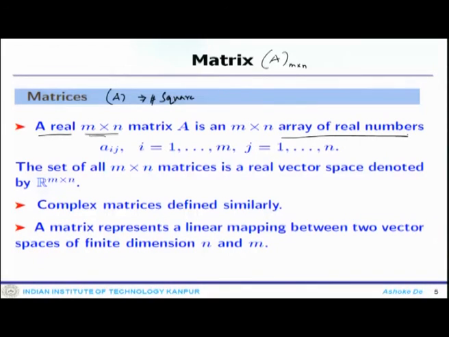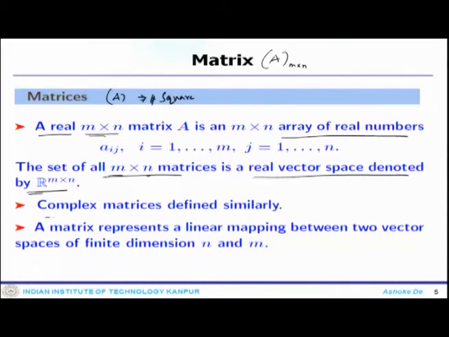The set of all these m by n matrices is a real vector space. Now, once you go back to this matrix, it essentially has its row vectors and column vectors. There are m row vectors and n column vectors, and they form some sort of a vector space denoted by this real expression.